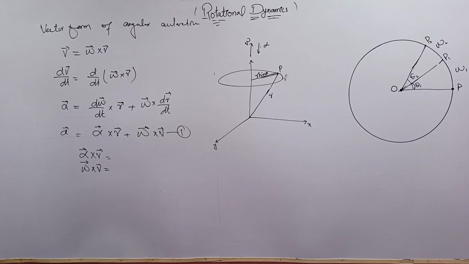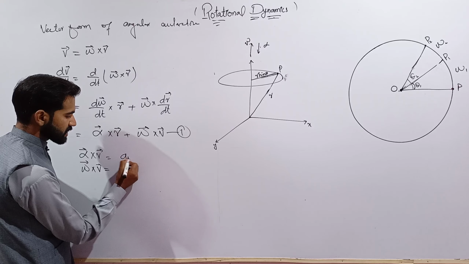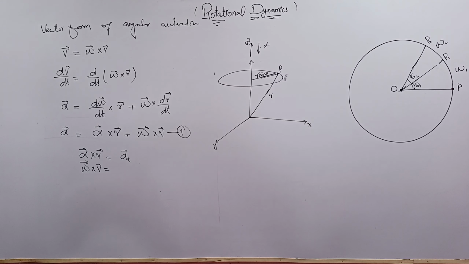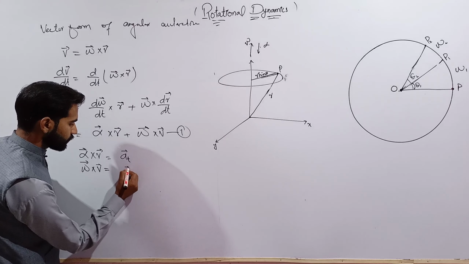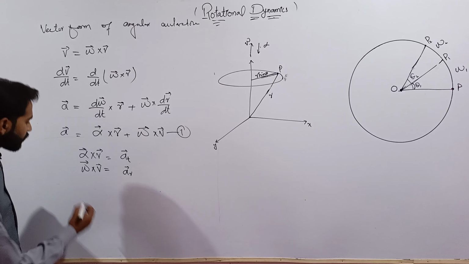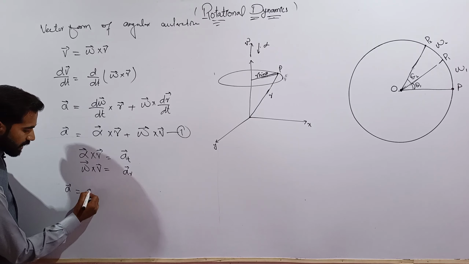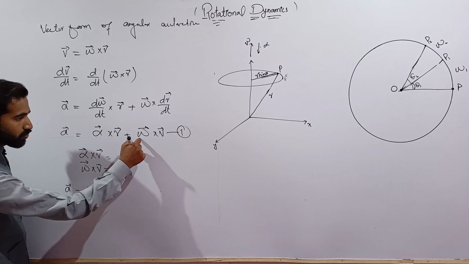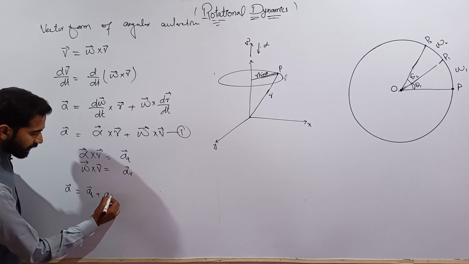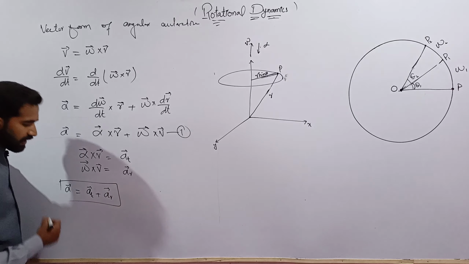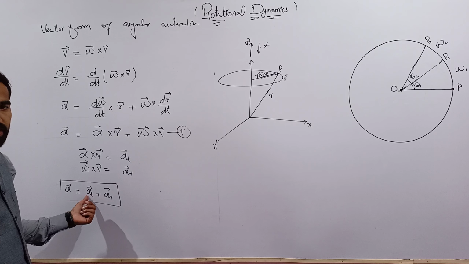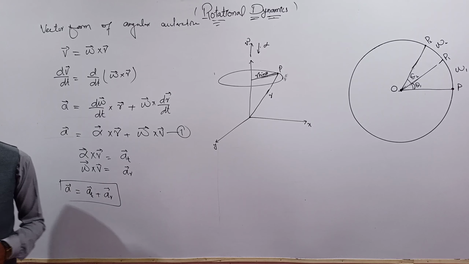Alpha cross r represents the tangential acceleration, and omega cross v is the radial acceleration. So in equation 1, a is equal to alpha cross r, which is a t, plus omega cross v, which is a r. Linear acceleration is the sum of tangential acceleration and radial acceleration.